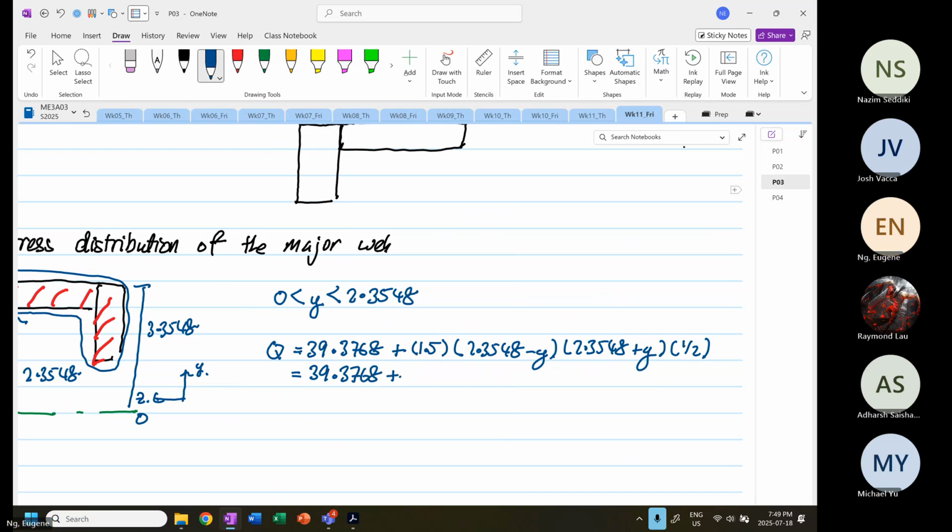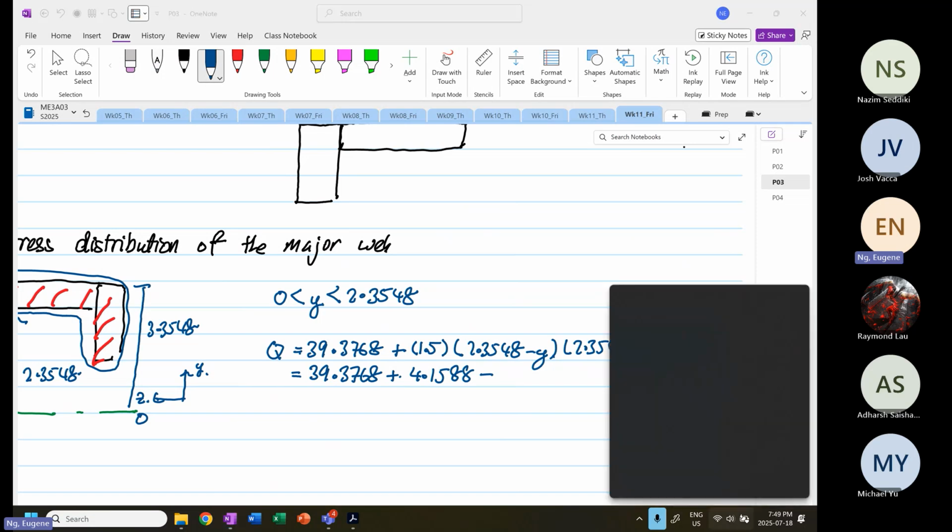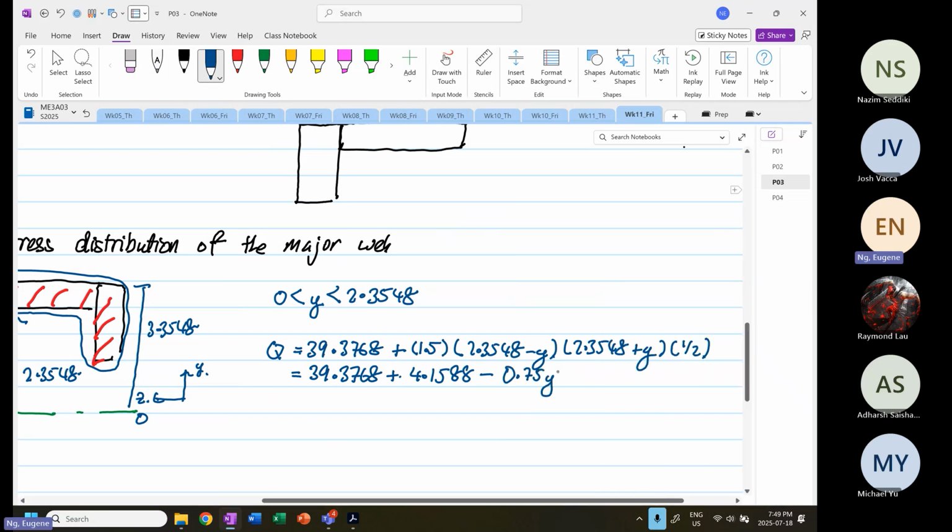plus 2.3548 squared times 0.5 times 1.5, 4.1588, minus 1.5 times 0.5, 0.75 y squared.